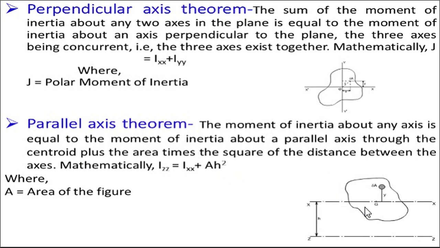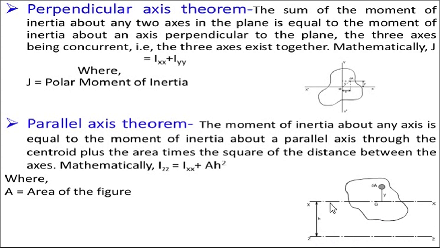So in this figure you can easily understand that if you want to find out the moment of inertia about any axis which is beyond this particular plane, you can see this zz axis, and we have to find out the moment of inertia about zz axis of this plane.